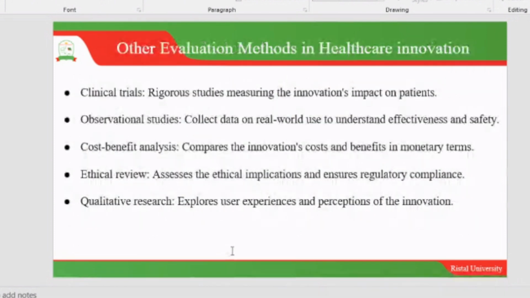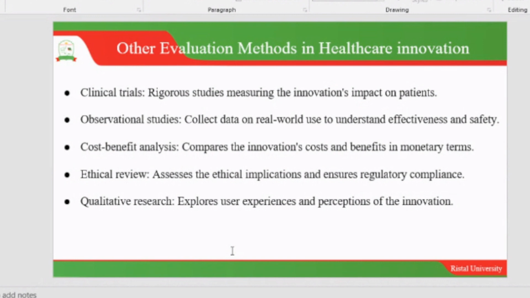Then we also have other methods like clinical trials, which we highlighted yesterday, where you have two groups. One gets the benefits of the innovation, the other doesn't, and then you track them and see if the one that gets it has a positive outcome compared to the other.